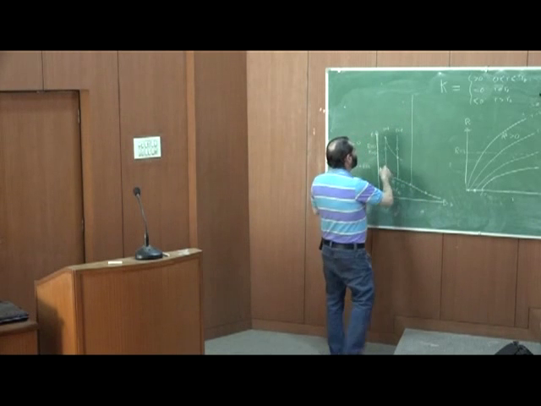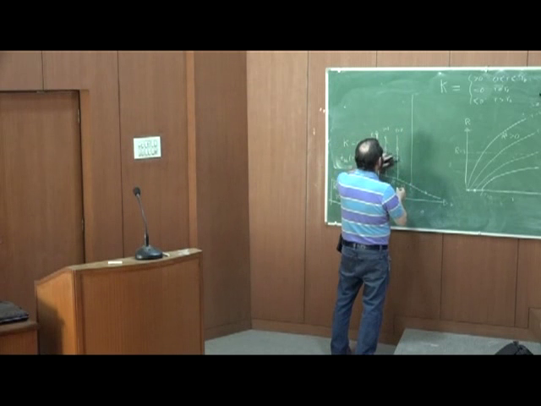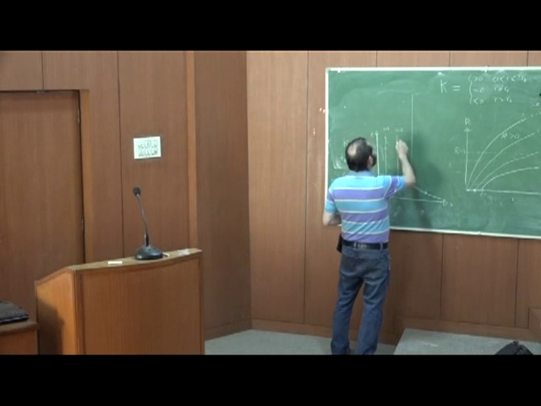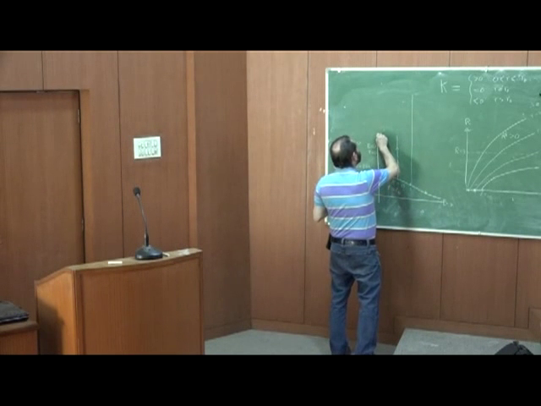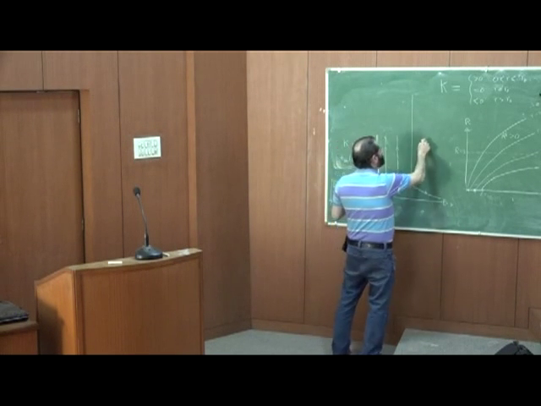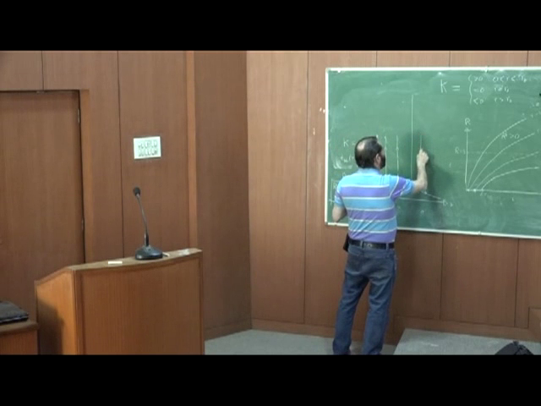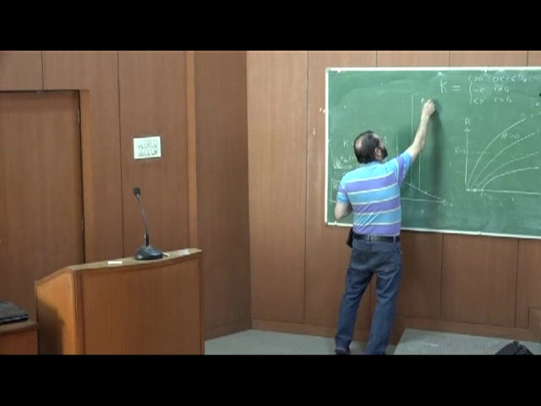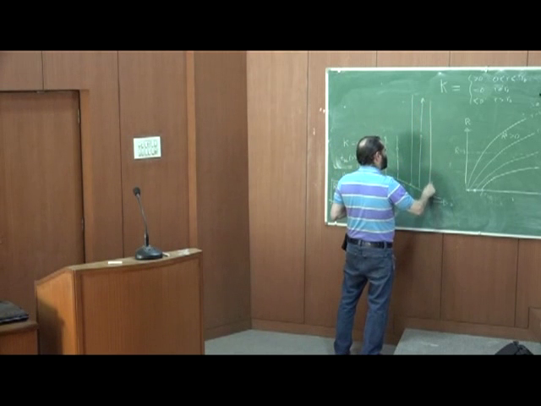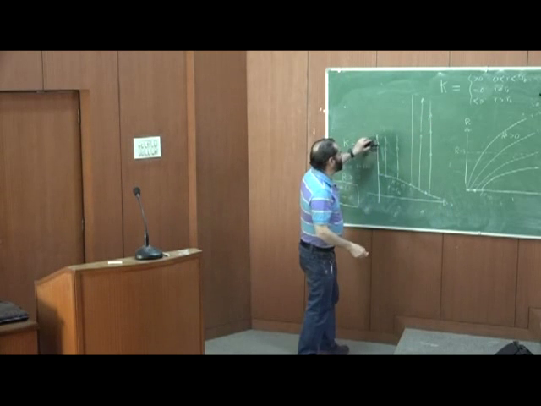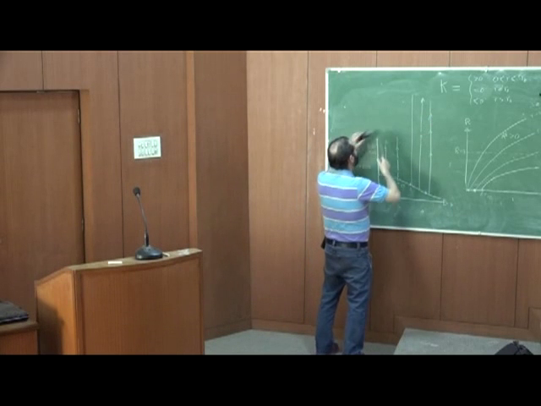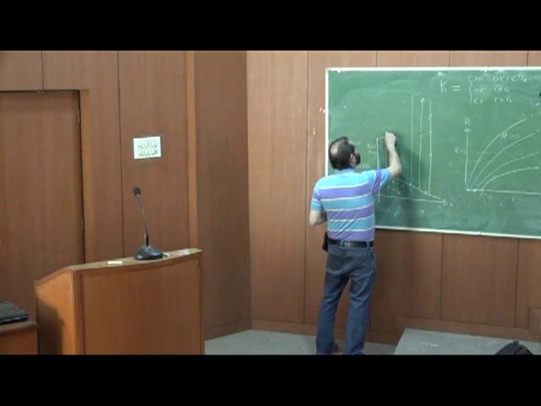So, all observers here are perpetually expanding. But observers here are collapsing, right?